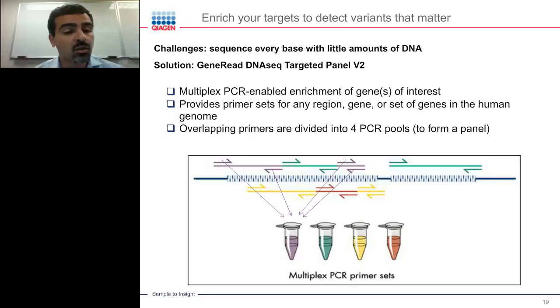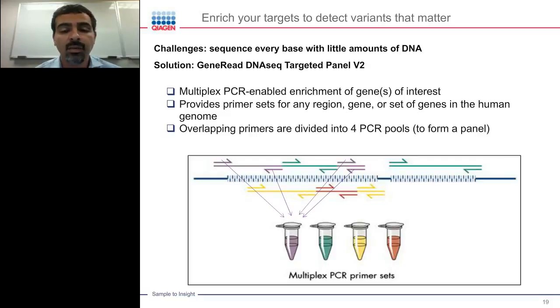With the panels, we provide primer sets for any region, any gene, or any set of genes in the human genome. So you can define the region the way you need to according to your requirements. That could be entire genes. It could be just certain exonic regions of genes.